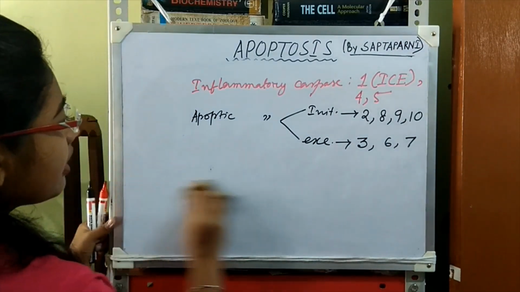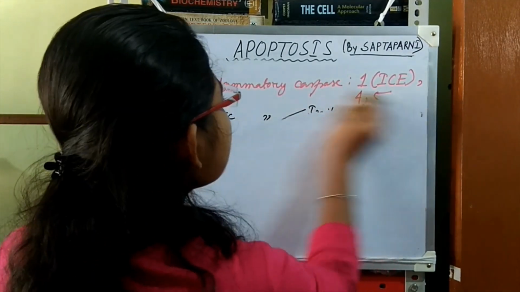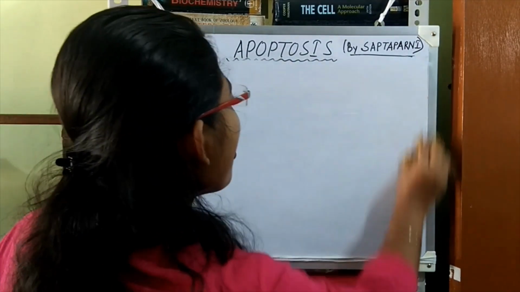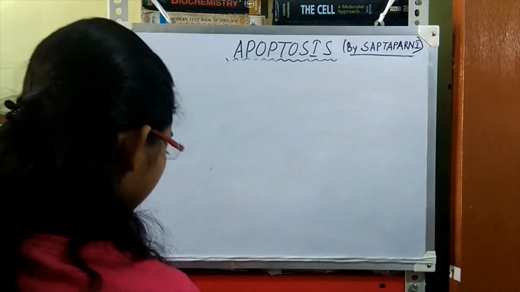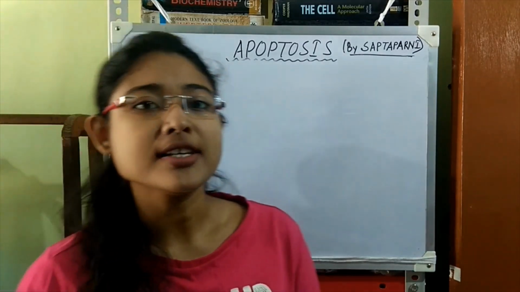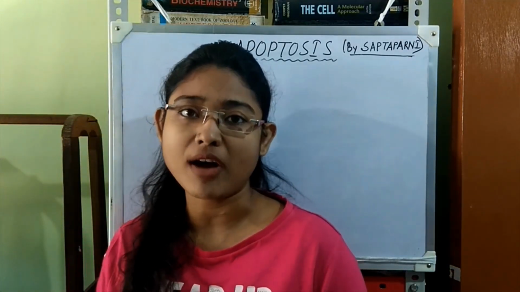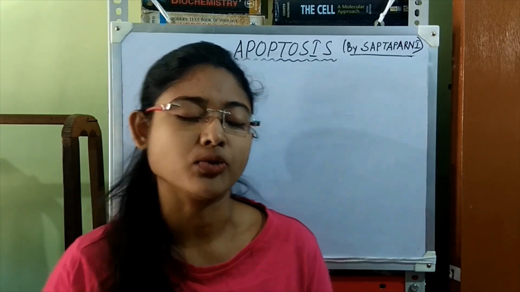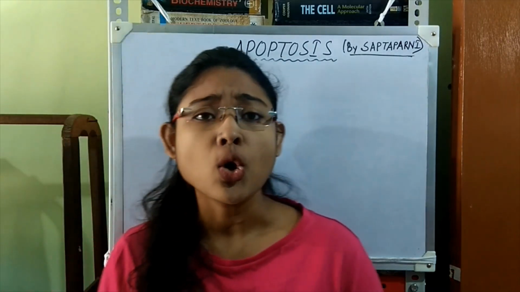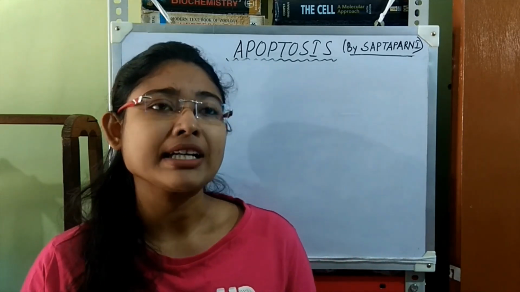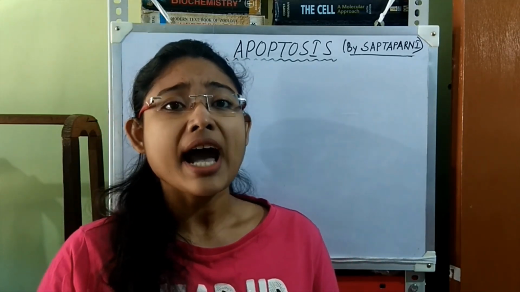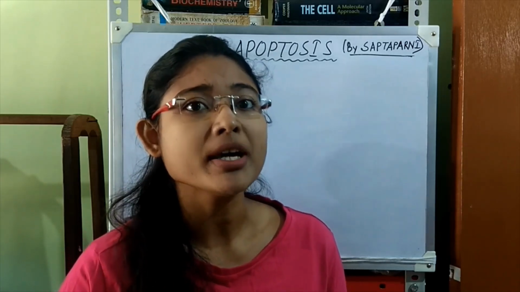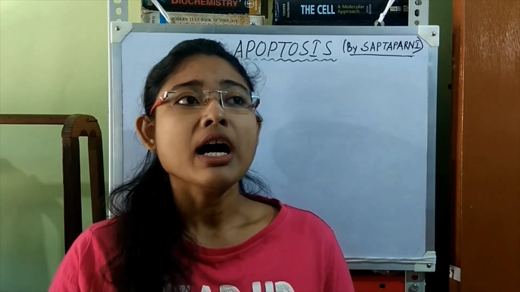So, now let's discuss the pathways of apoptosis. There are two pathways of apoptosis in our body. The first one is the extrinsic pathway and the second one is the intrinsic pathway. When any kind of bacteria or virus attacks our cell, then that cell needs to be apoptosized, okay?